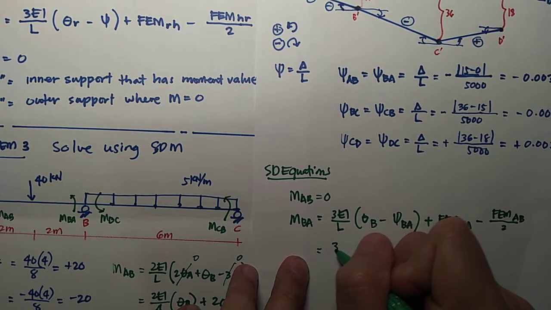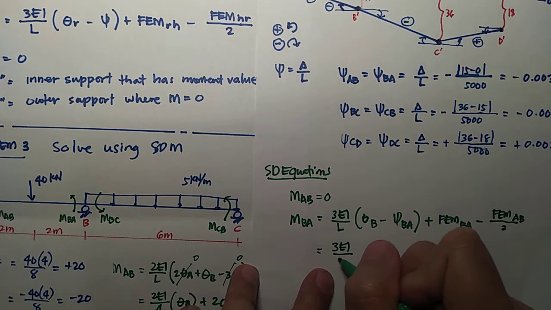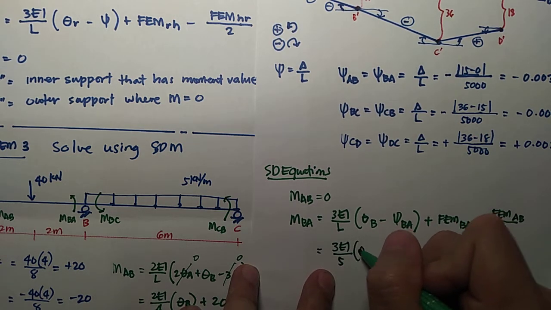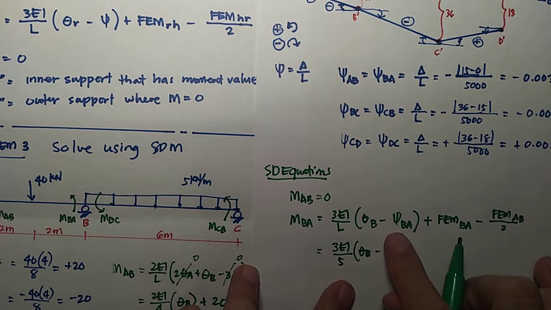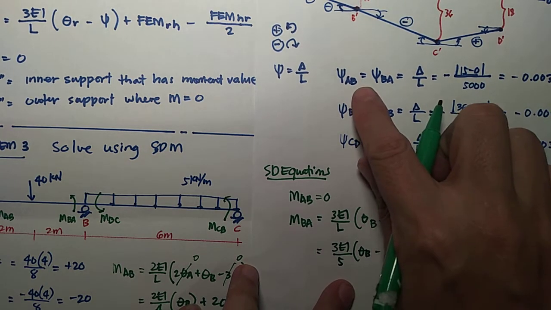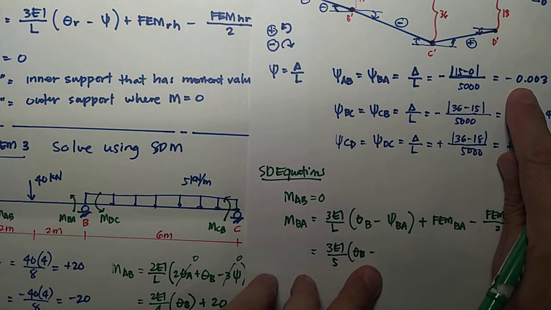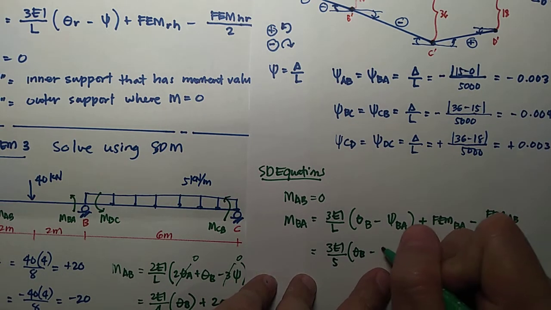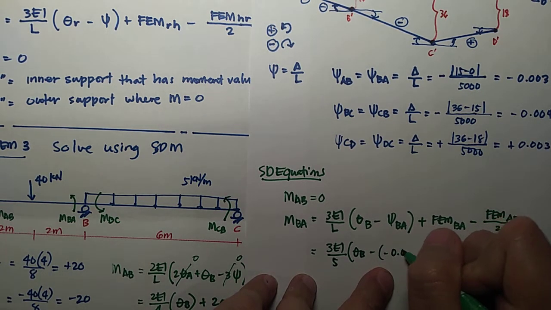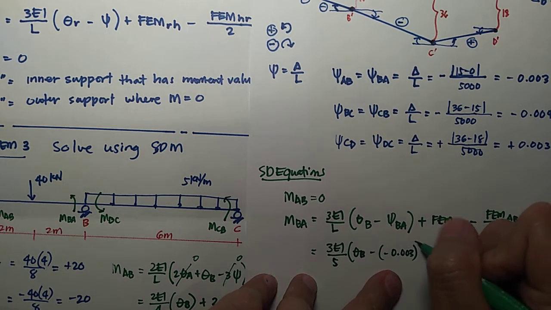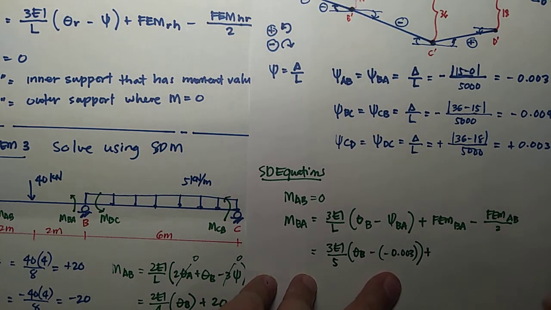That would be 3EI over L. The length of AB is 5. Theta B minus what is psi BA? Psi BA is this one. And that is negative. Okay, so that's negative 0.003. Plus, what is the FEM for BA?